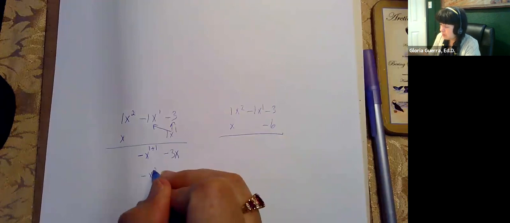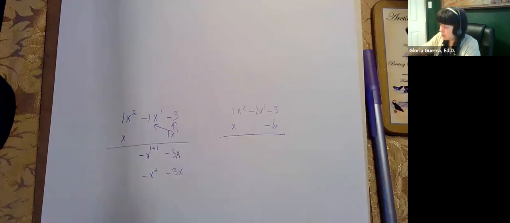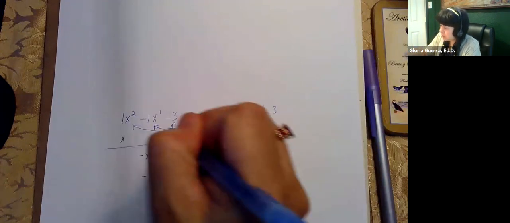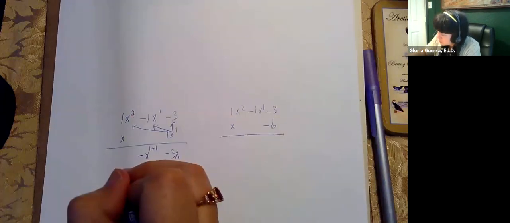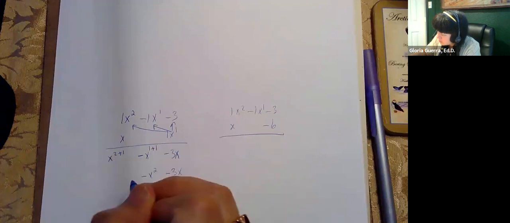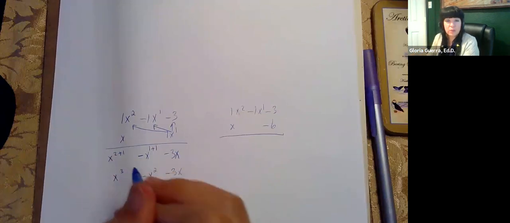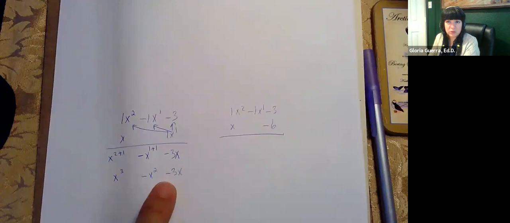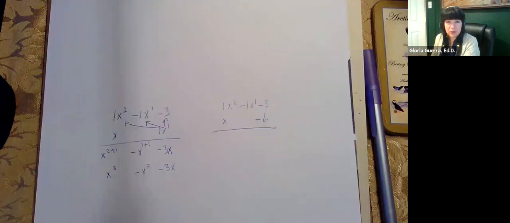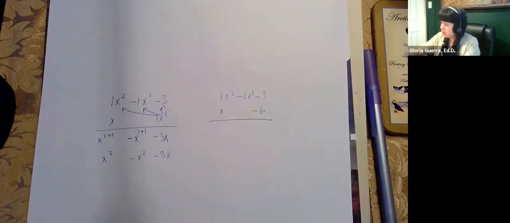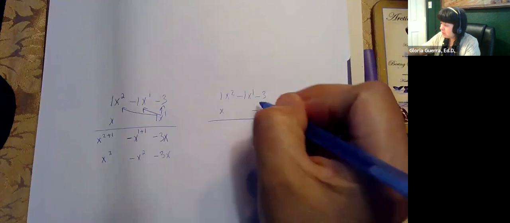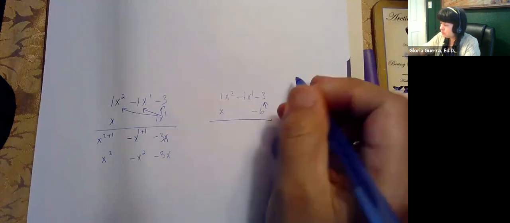This is negative 3x. And then 1x times 1x squared is 1x to the 2 plus 1, which is x cubed. So x cubed minus x squared minus 3x. I don't know if you think that's easier or not, but that's another way you can do it. Negative 6 times negative 3 is 18.